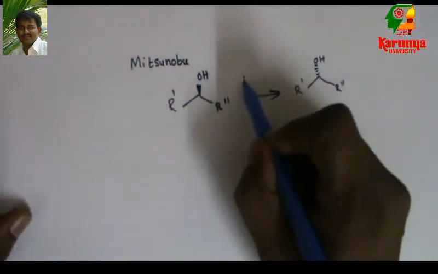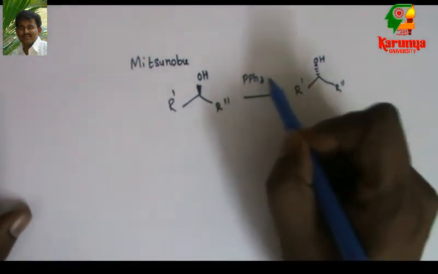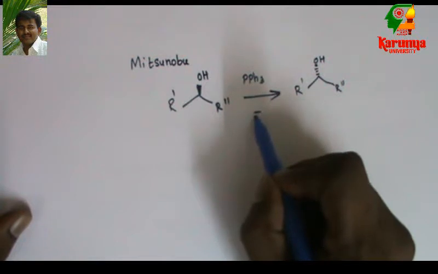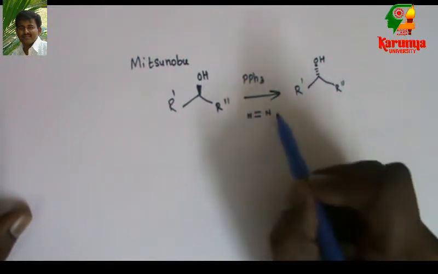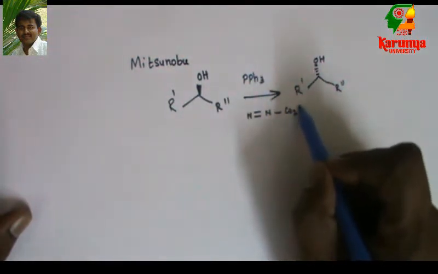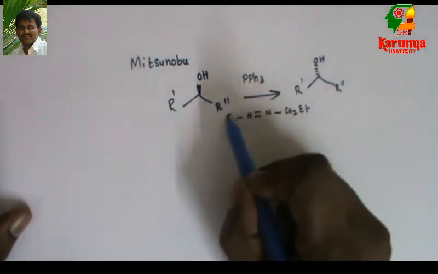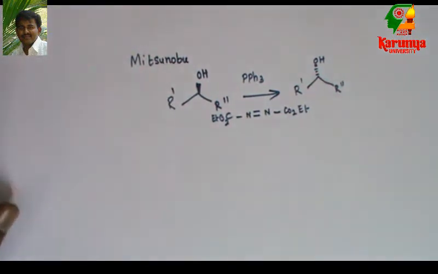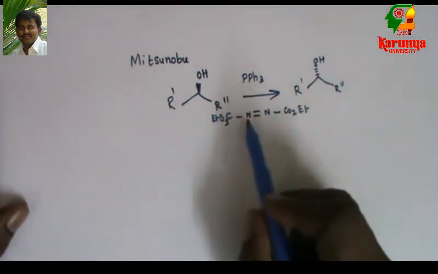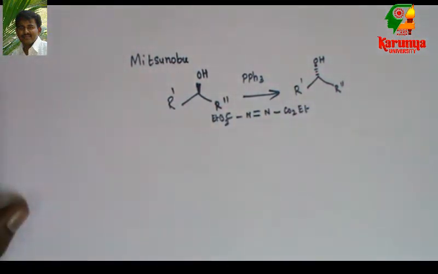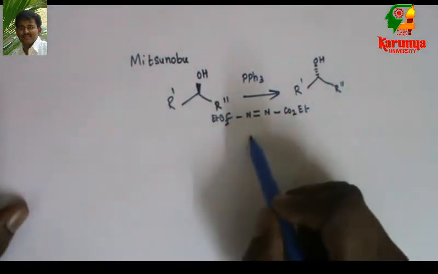Here the reagent used is triphenylphosphine and diethyl azodicarboxylate. This is the structure of diethyl azodicarboxylate. And we add one acid also to this.